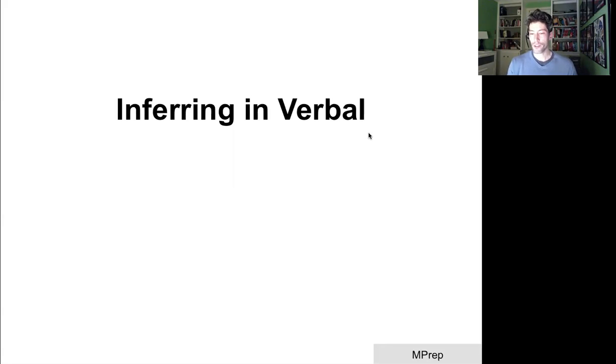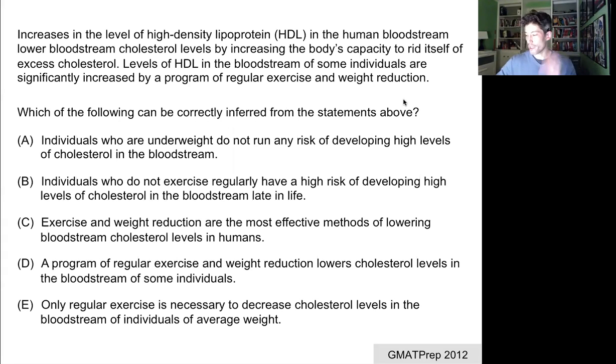The correct answer will be logically sound. It'll be mathematically provable. It'll be axiomatic. In fact, sometimes the correct answer is just a rewording of a given fact in the passage or the argument. So take a look at this question from the official GMAT prep software.